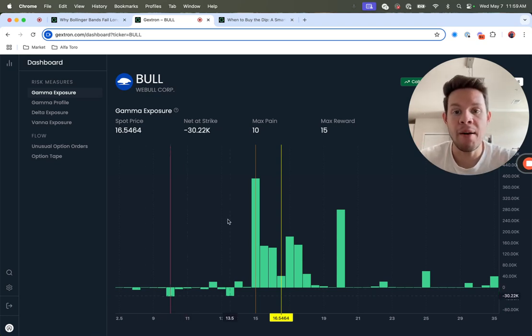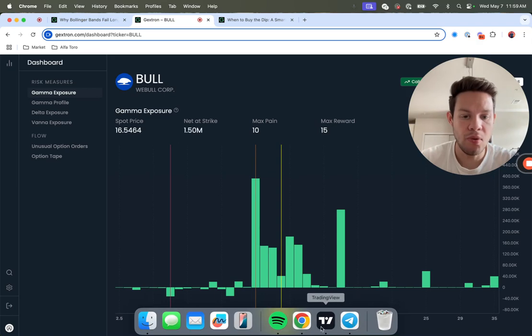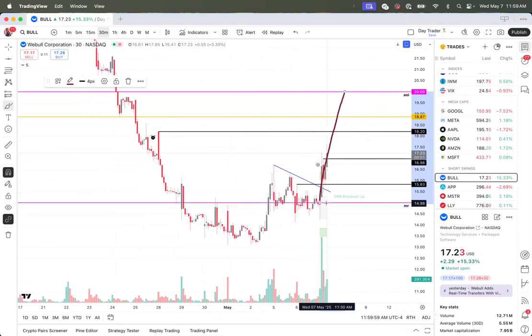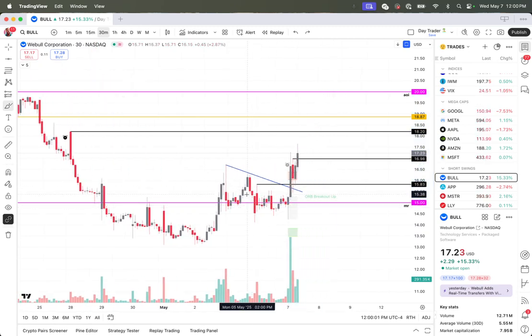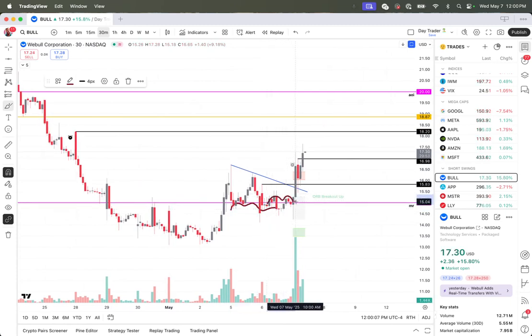But as of right now, because we went above this 15 level, which is the tallest positive bar, this was once support. This was once resistance, and now it's become support. You can see here, yes, price is stalling now. It's trying to hold below it, but now it's also retesting, making it support here at the top, and it's bouncing, right? So now you know, okay, this is a big level of support.